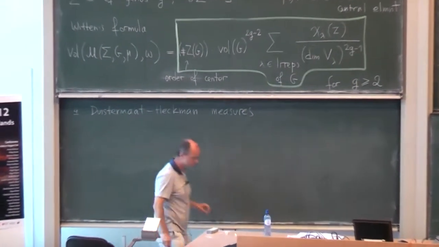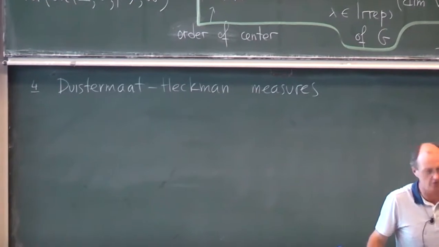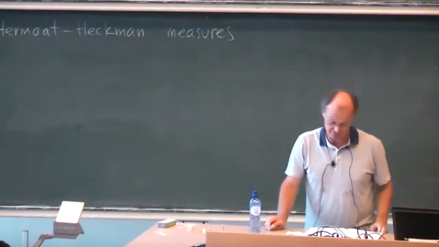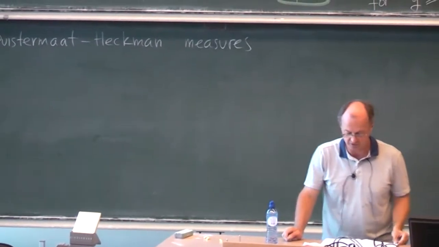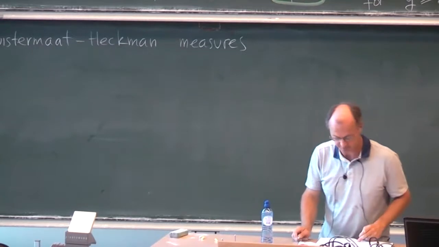measures. Of course, the influence of Duistermaat on all this development of the moment maps theory and of other related fields was enormous, and so this is inspired by his approach.